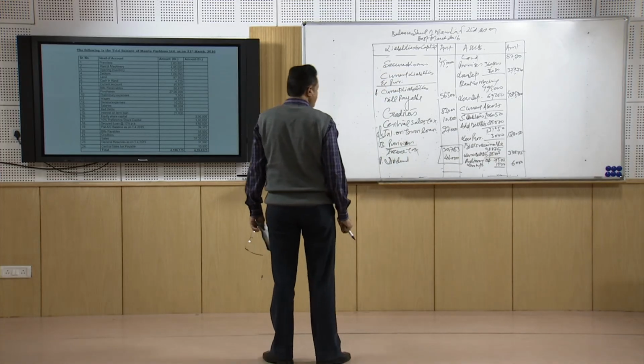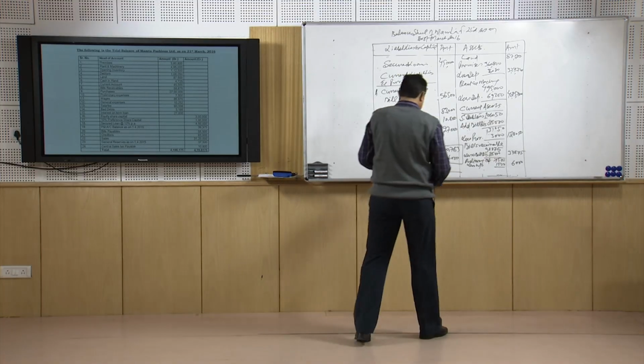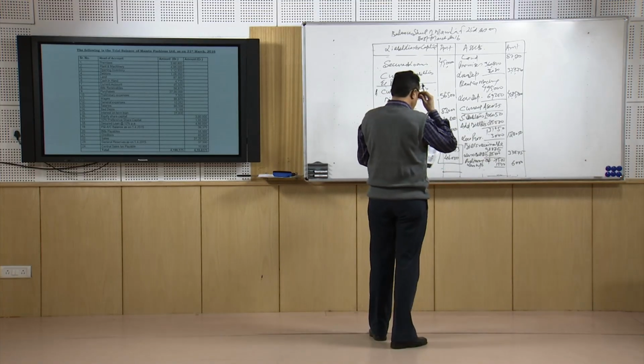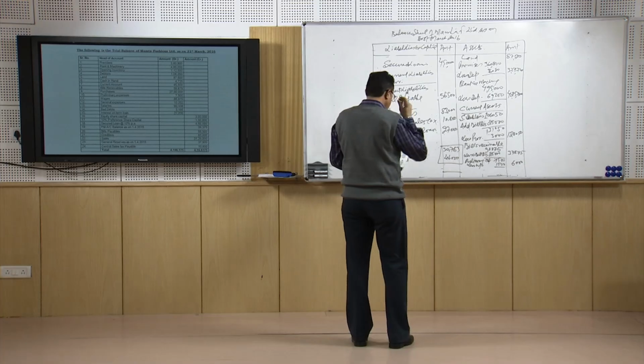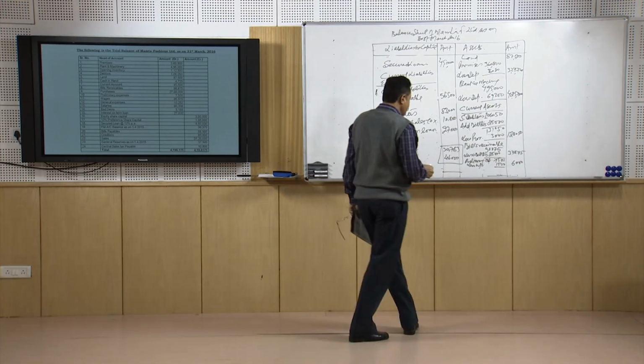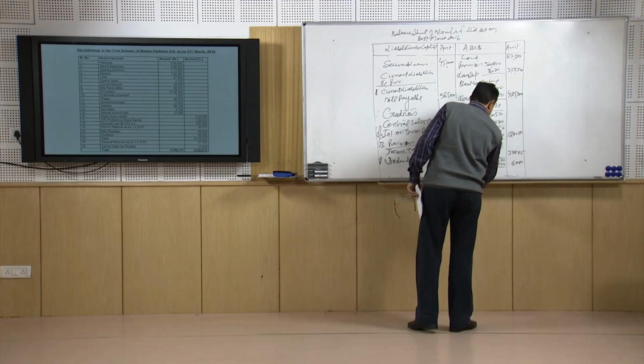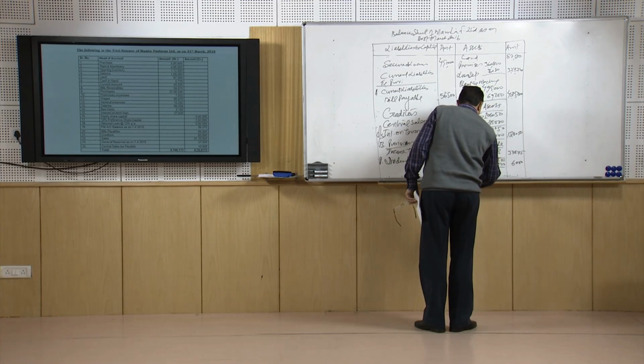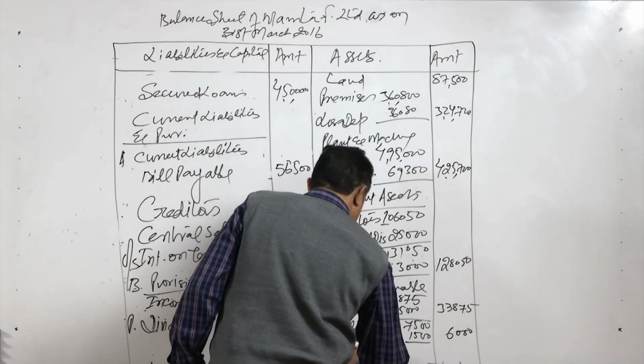Now we talk about the cash in hand and cash at bank. We have left one item, I think that is the inventory. We will take the inventory now. Before cash, let us take the inventory, or the closing stock.